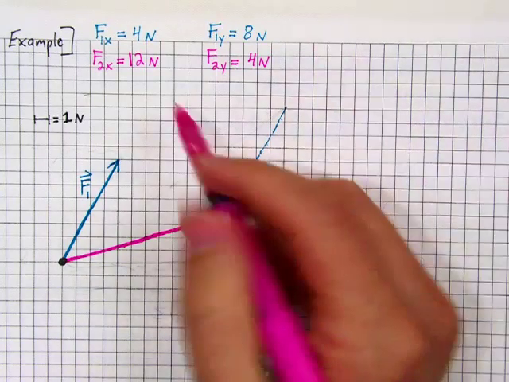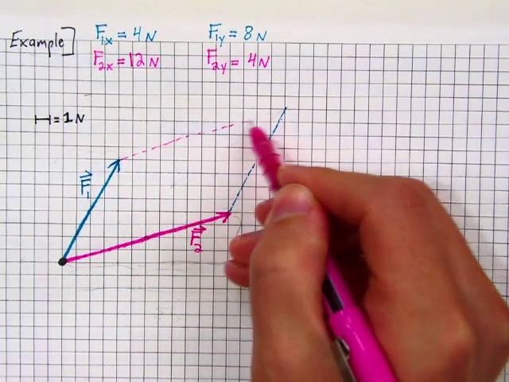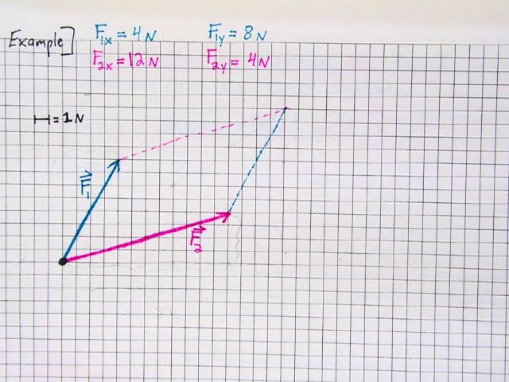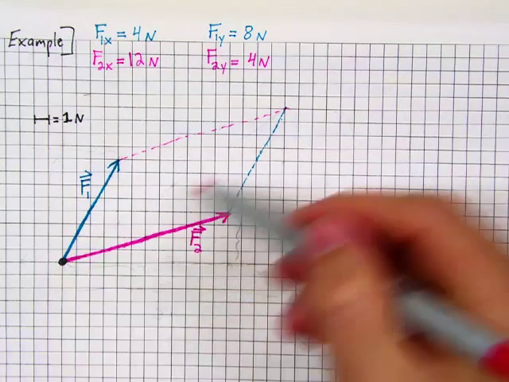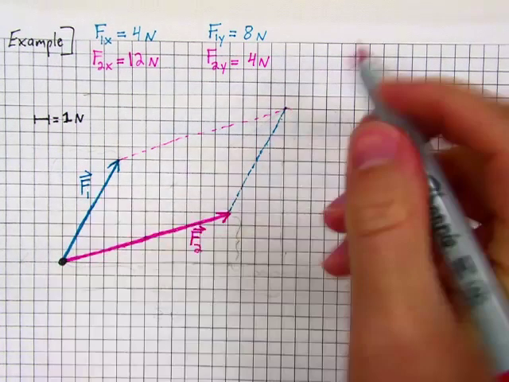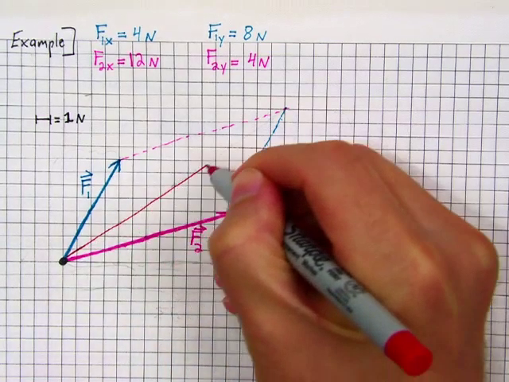And then the other side here, parallel to F2. There we go. And the sum of those should be the vector that points from here to the opposite corner, the diagonal. This is our net force.